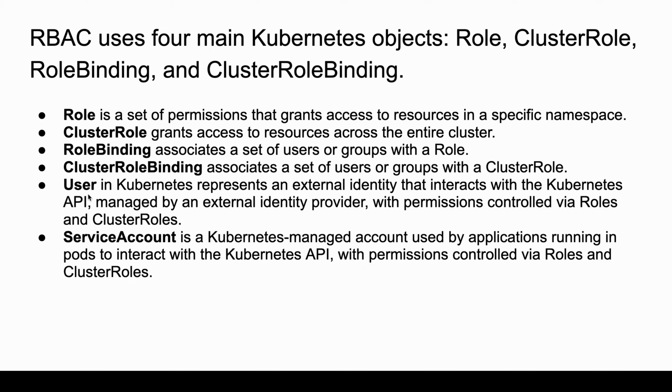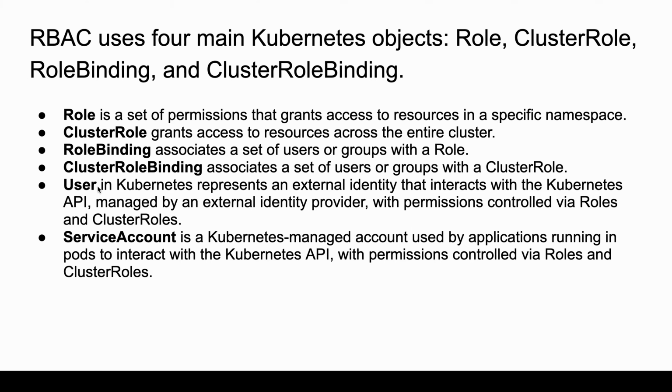After this, we have user, because user is a necessary entity of RBAC as well. A user in Kubernetes represents an external identity that interacts with the Kubernetes API, managed by an external identity provider, with permission control via roles and cluster roles.